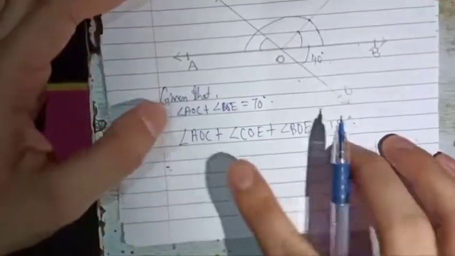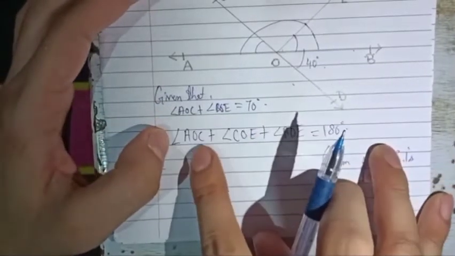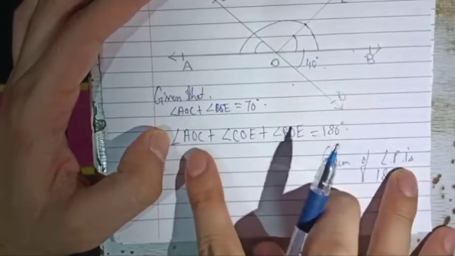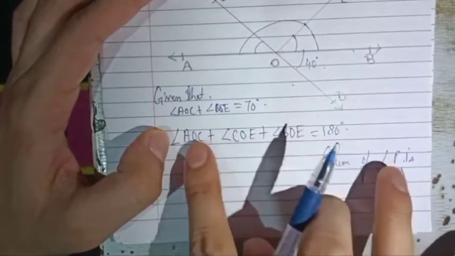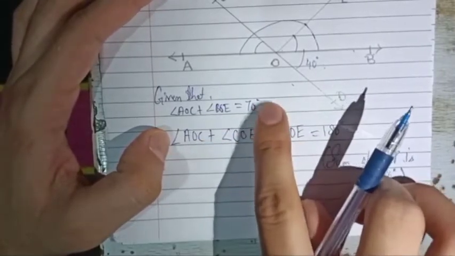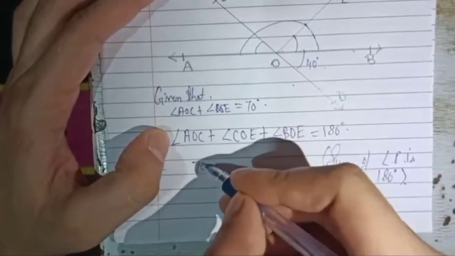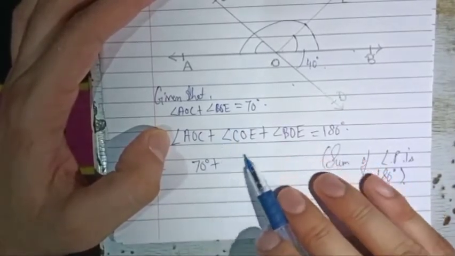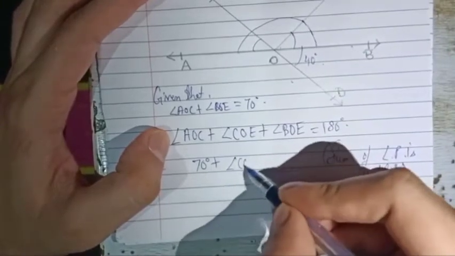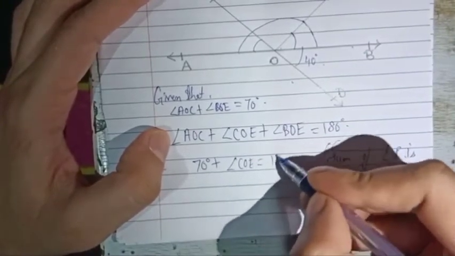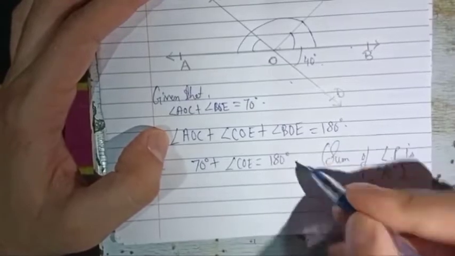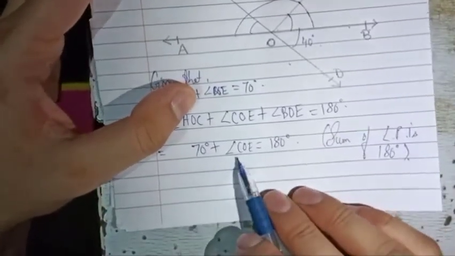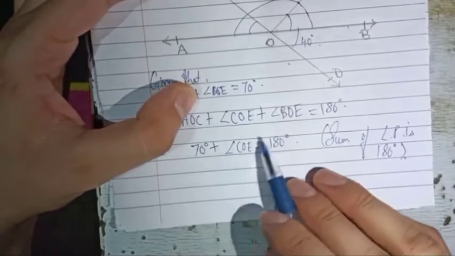Now look here, AOC plus BOE is equal to 70 degrees. So we can write this whole sum as 70 degrees. So 70 degrees plus the only angle that remains, angle COE, is equal to 180 degrees. With the help of this equation we can find angle COE.